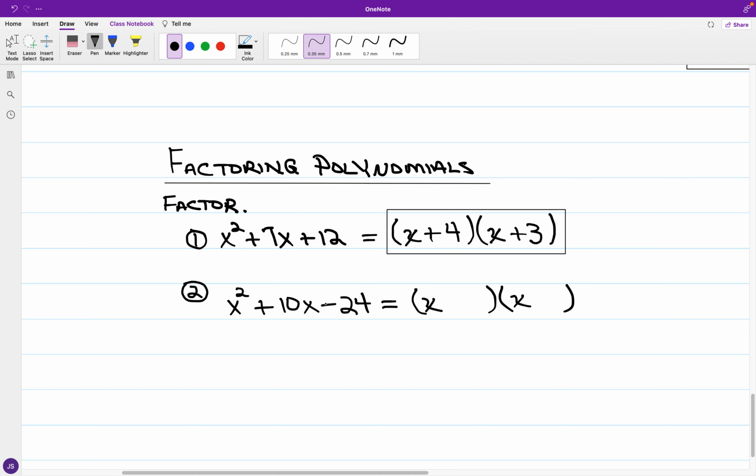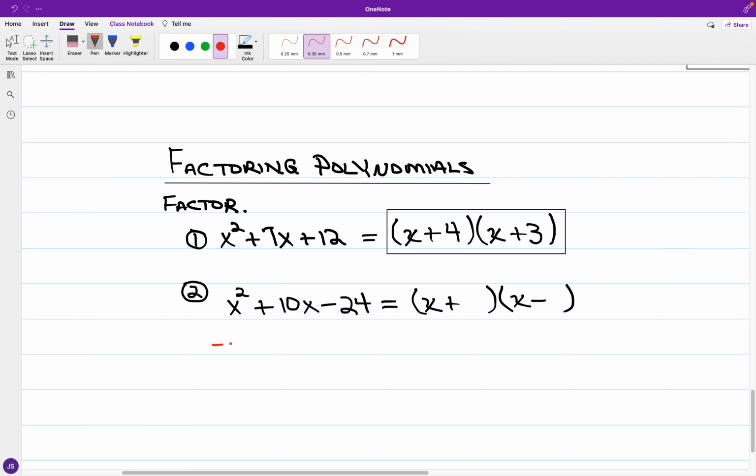Now with the coefficients this time around, we have a positive 10 and a negative 24. For negative 24, you're looking at factors that will multiply into negative 24, but that will combine in terms of adding and subtracting, where the sum or difference will end up on the plus side at 10. So we have a plus factor and a minus factor. Since we have a plus 10 at the end, we will have more weight given to the addition than to the subtraction. And for negative 24, you have all kinds of combinations.